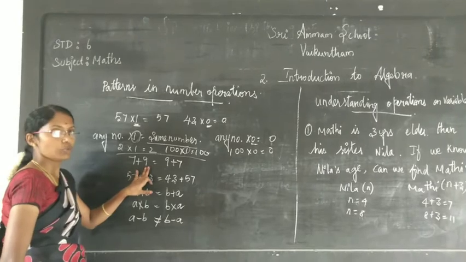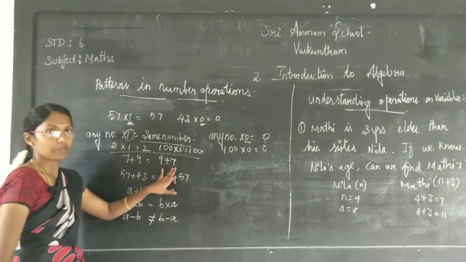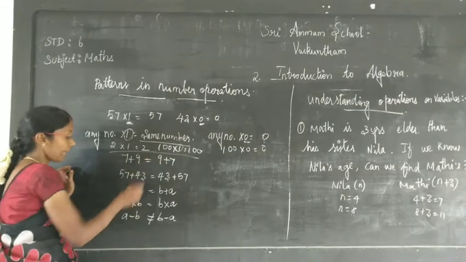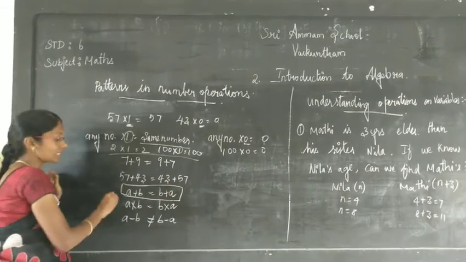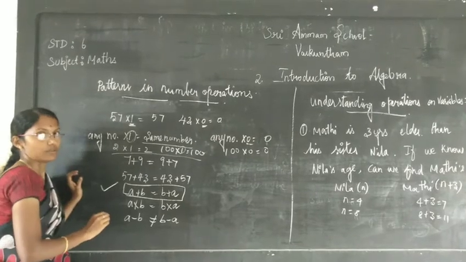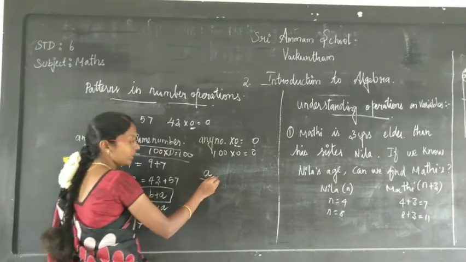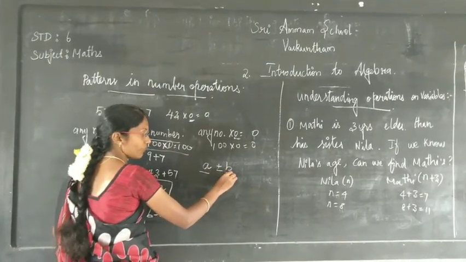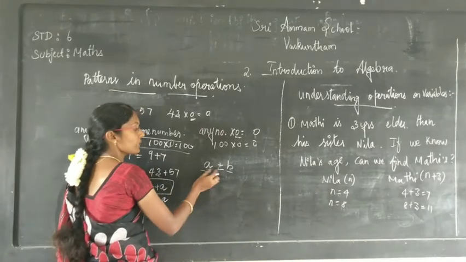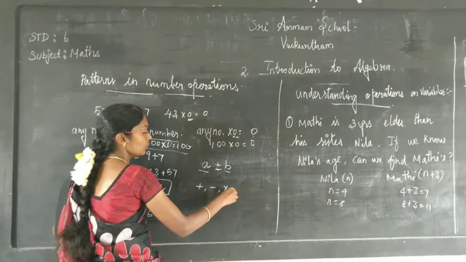Okay, so next one, see here. 7 plus 9 will be equal to 9 plus 7. That is, A plus B equals B plus A. So this is an algebraic operation. Okay, this is an equation. A is a variable and plus is a symbol. The next one, B, is also a variable. So variable, operation: plus, minus, into, divide.